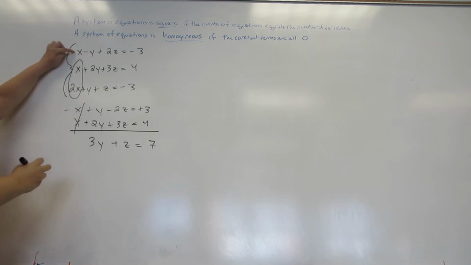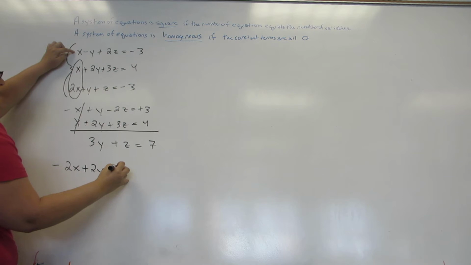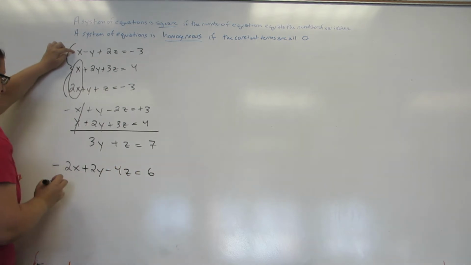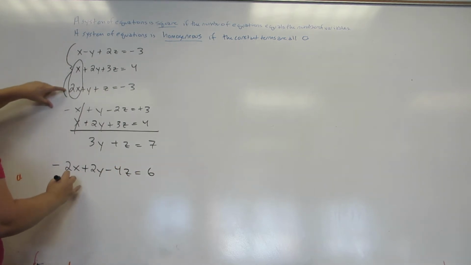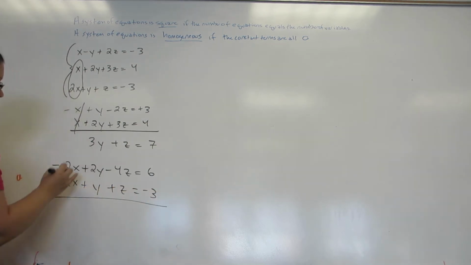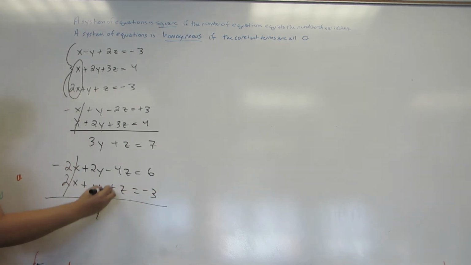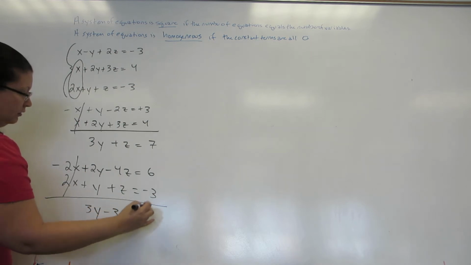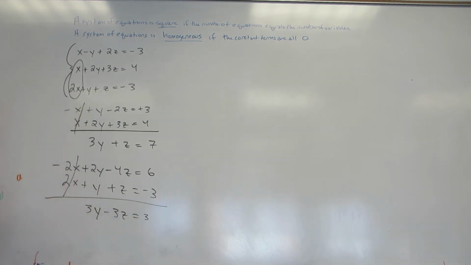Similarly, if I multiply the first equation by -2 and add it to my third equation, the x terms cancel, and I'm left with an equation without any x's in it.